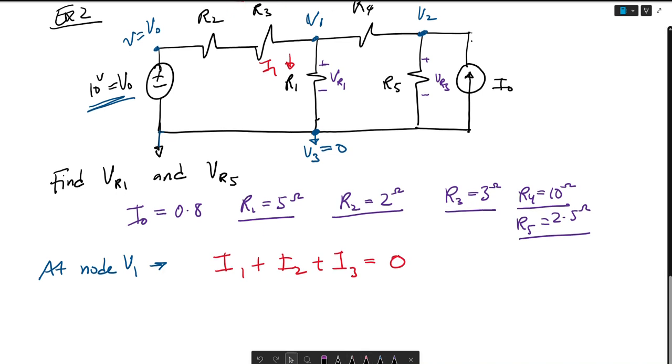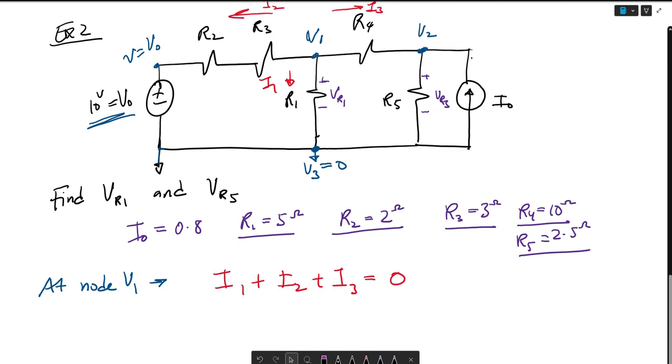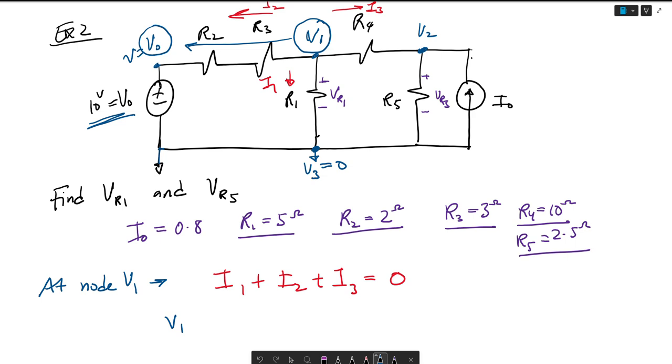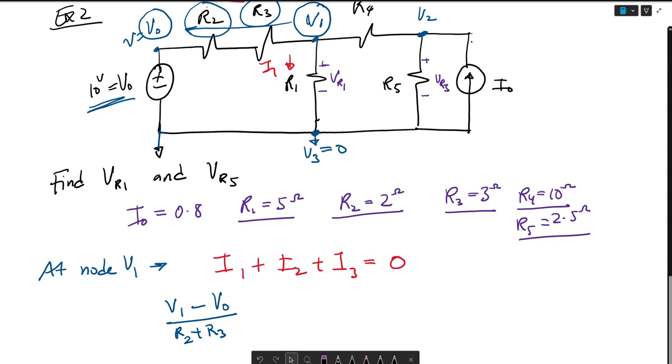And I1 is basically V1. So I start here, I come over here, I see the next voltage is VO, so I subtract VO, over R2 plus R3, simply because these two are in series, so I add them up.